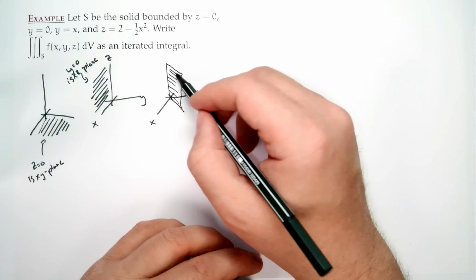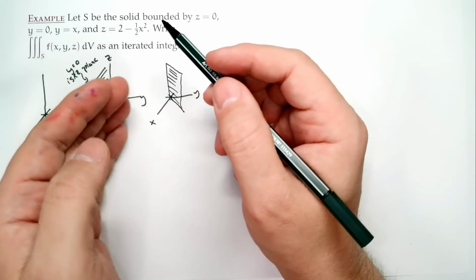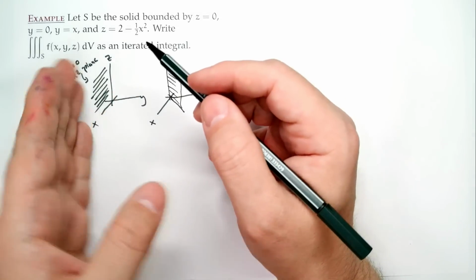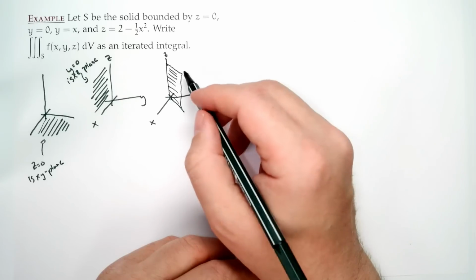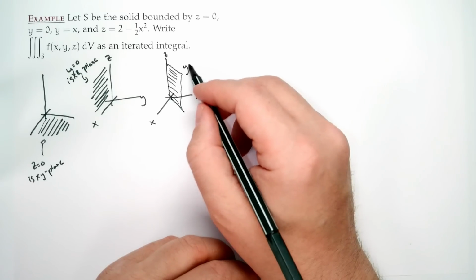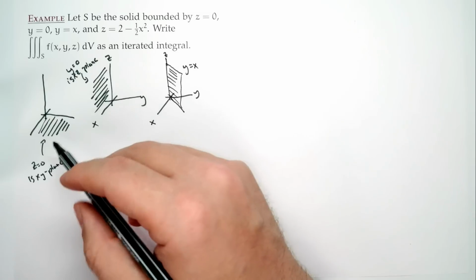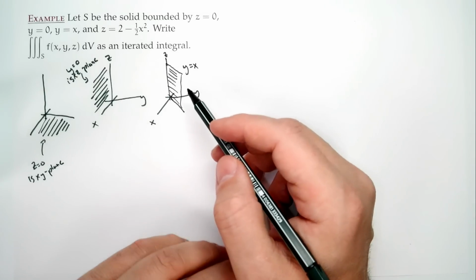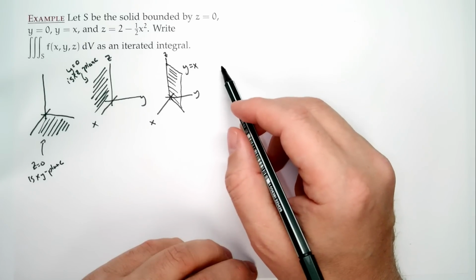It's actually a lot like this plane here, but you just swung it around 45 degrees. So this is the plane y equals x. All right, so we got those 3. That's not so bad.